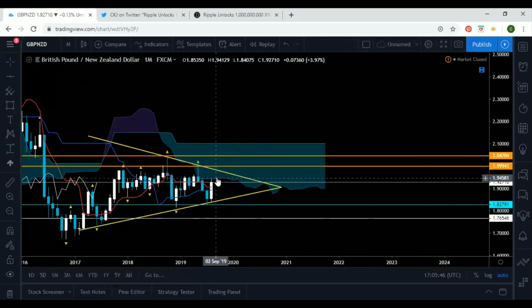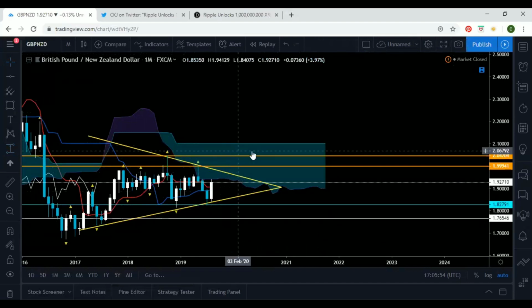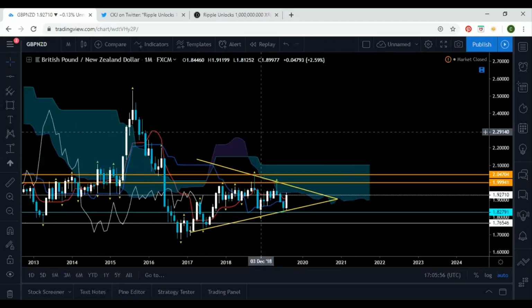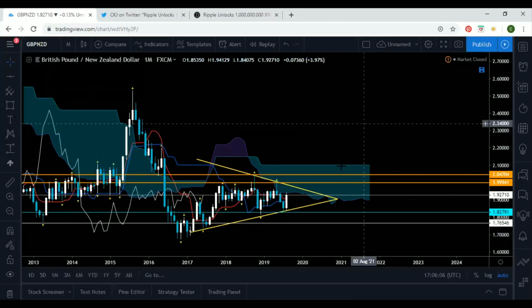I see it more so coming up, probably touching here again and wicking to the downside, taking some traders out, and then starting to make its way even to lower prices. It's been on a heinous downtrend since 2002. I don't see it moving any higher than where these lines are at.